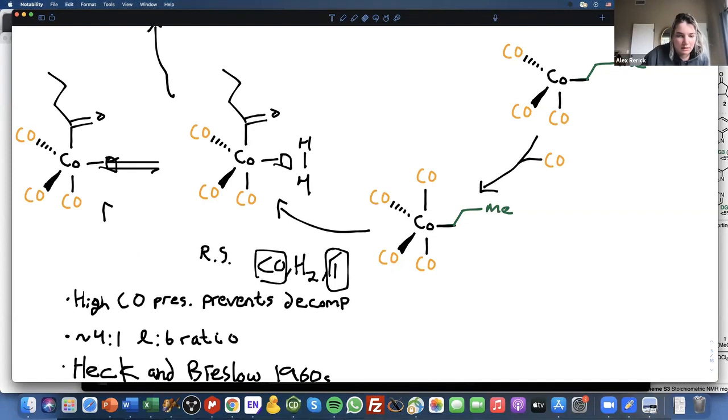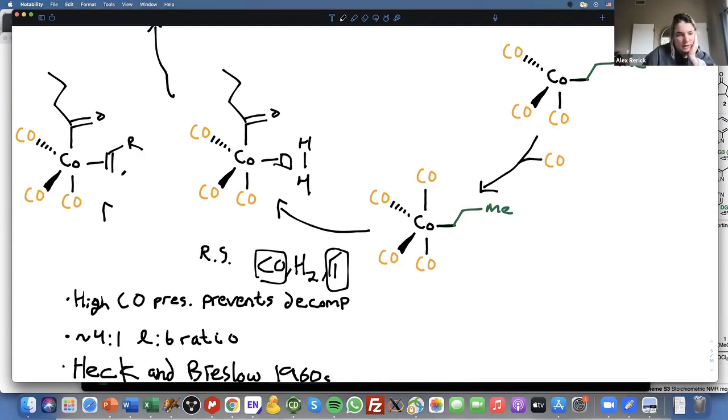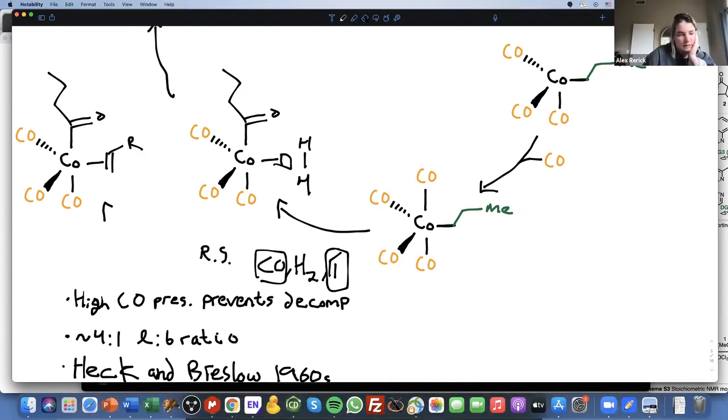So if you have the alkene coordinate, and you then could have the alkene coordinate. And of course the other option is to have the CO coordinate, but I guess with the alkene.